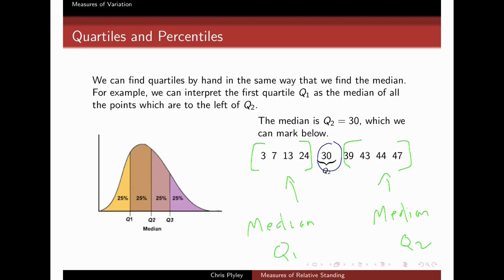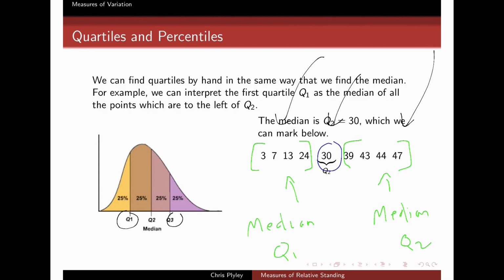It's the same way the median doesn't exactly give us 50% here and here, because on the left I have only 4 out of 9 points of data, which is a little bit less than 50%. And the same thing can happen with the quartiles, so we have to make sure that we define it so that the way you find Q1 and Q3 is you find the median first, and then you find the middle points of these other 2 sides of data.